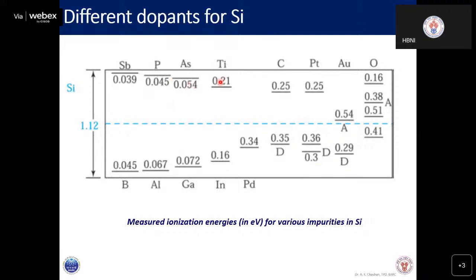So these are also very close energy levels, and these are different impurities: boron with this level, aluminum, gallium, indium, palladium. These are different dopants, but in most devices, boron and phosphorus are most commonly used.